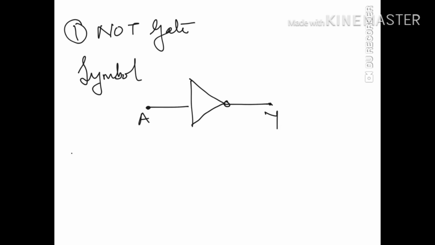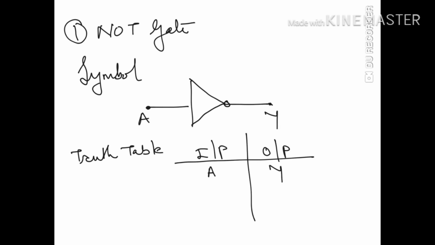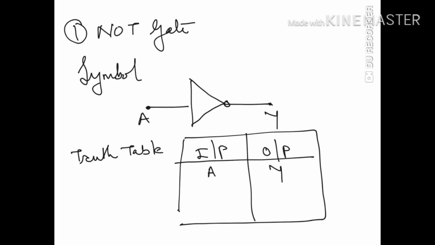Now we come to the truth table. So how do we define this? See, A is the input, so here we'll write A, and here is the output, which is Y. So when the input is 0, you get Y as 1.